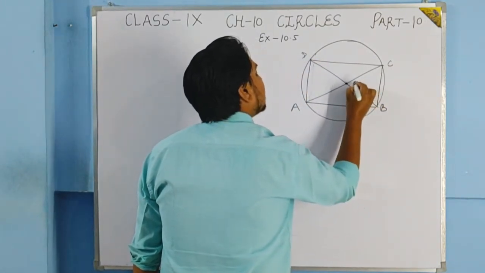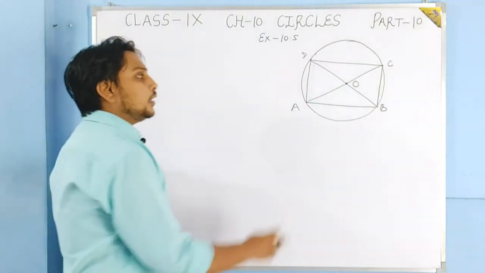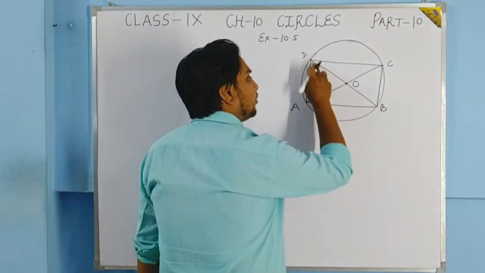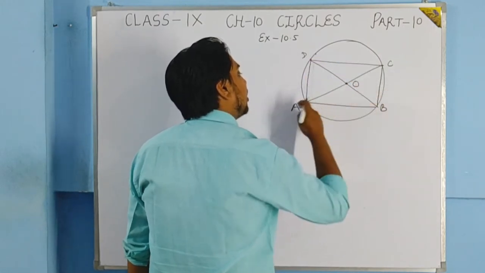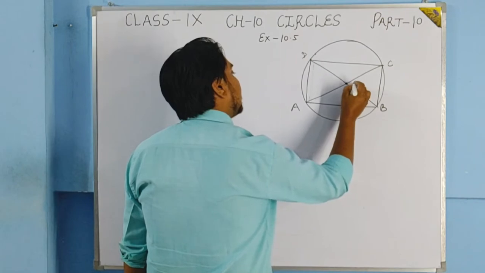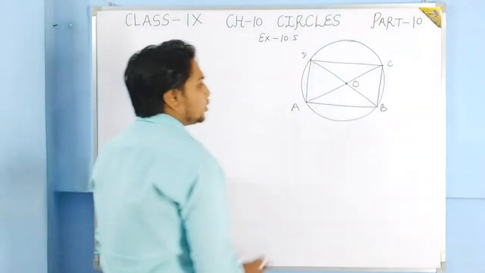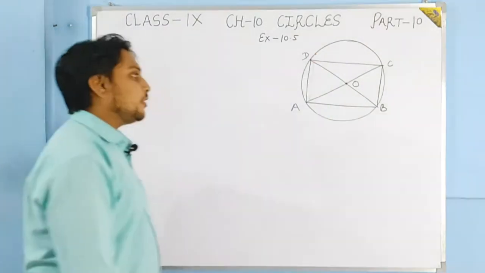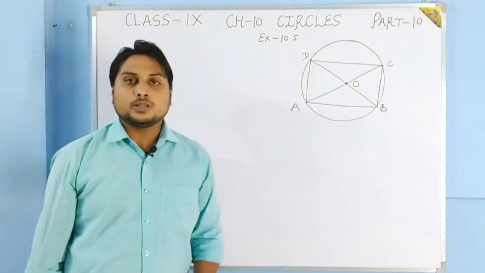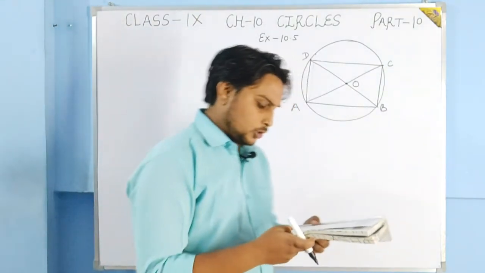Their intersection point, the intersection point of the diameters, or you can say the diagonals of the quadrilateral, is the center of the circle O. So you have to show that this shape is a rectangle. So how will we show it, students?